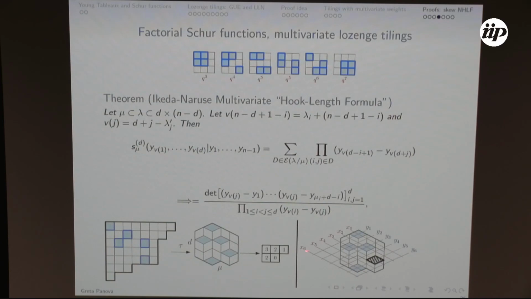This is where the determinants came from. Basically, these excited Young diagrams correspond to lozenge tilings. This type of evaluation of the Schubert class corresponds to these weights that I said, and then the other side of the story is that the factorial Schur functions, which are also these Schubert classes in this case, have determinantal formulas.